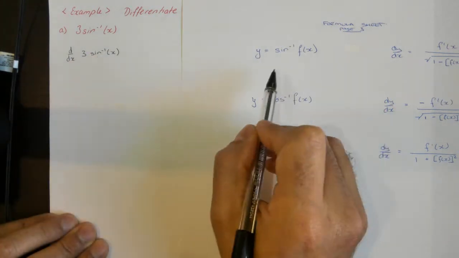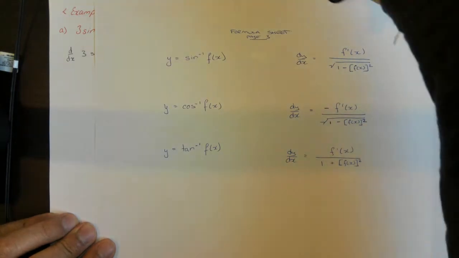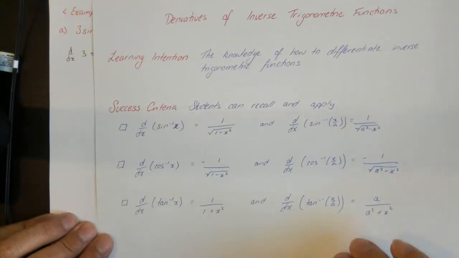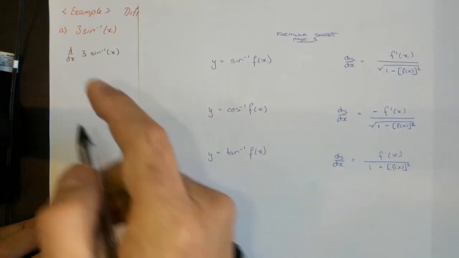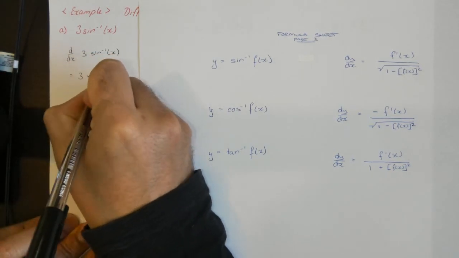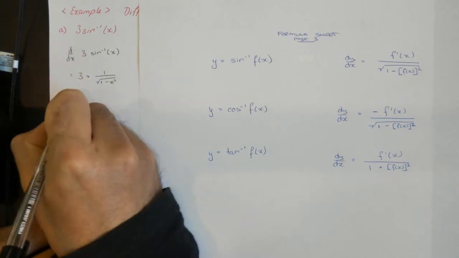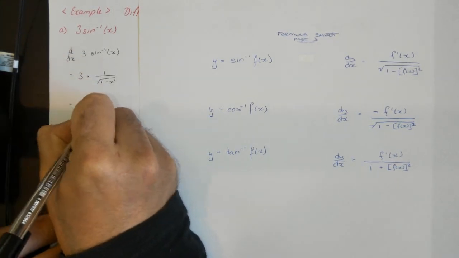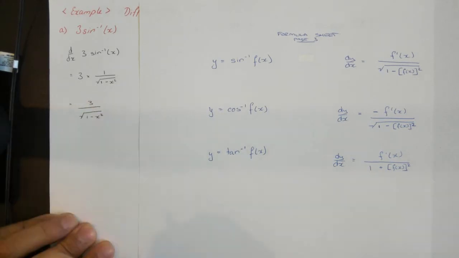And the derivative of arc sine is 1 over the square root of 1 minus x squared, which gives us 3 over the square root of 1 minus x squared.